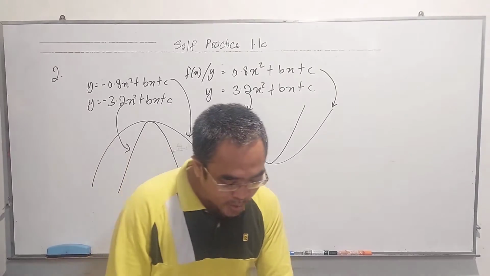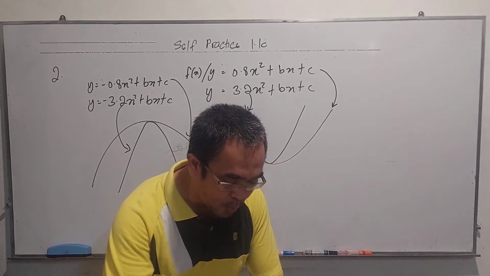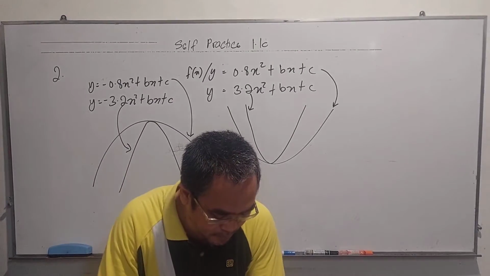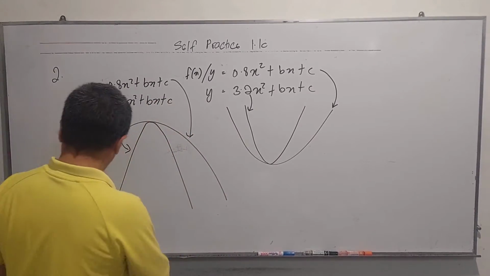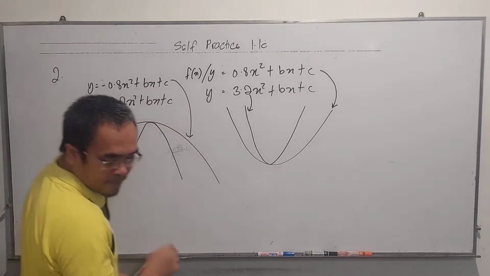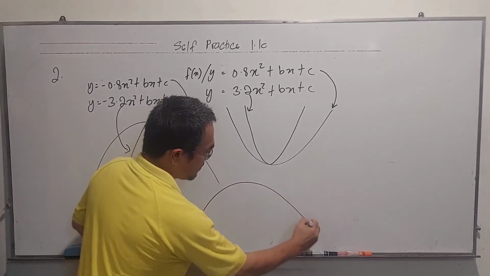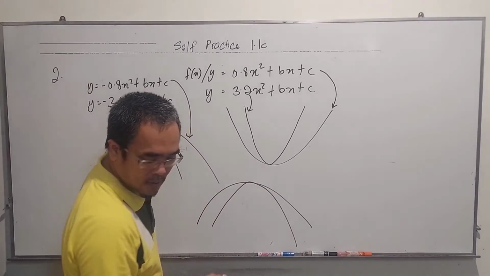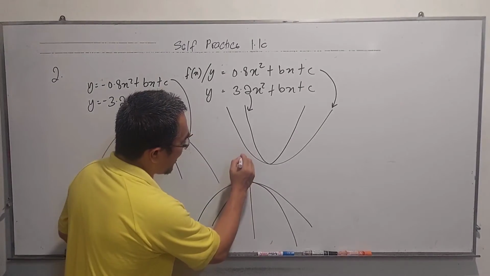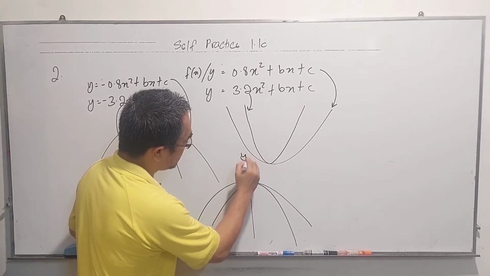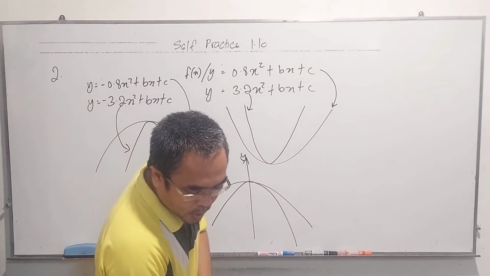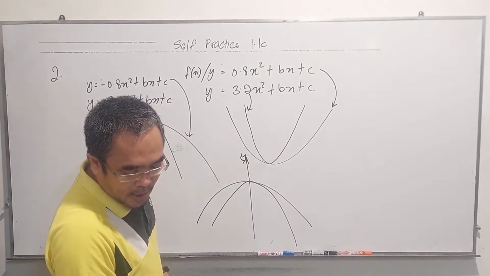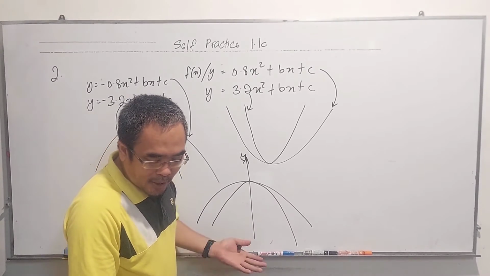Okay, now look at question number 2, exercise practice 1.1c. In this instance, we have a figure like that and another figure which is smaller, and they intersect at the y-axis. State the range of values of P. Okay, so it's not given.